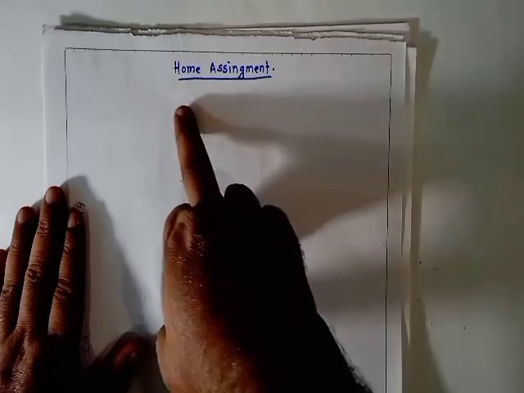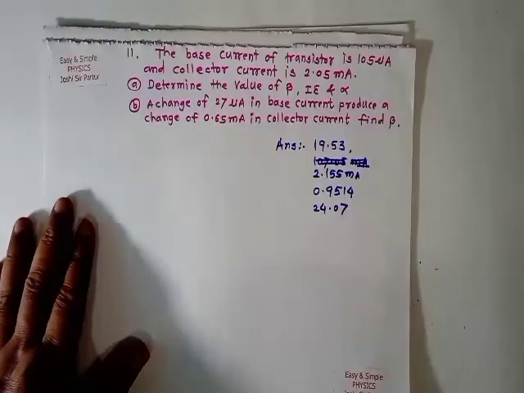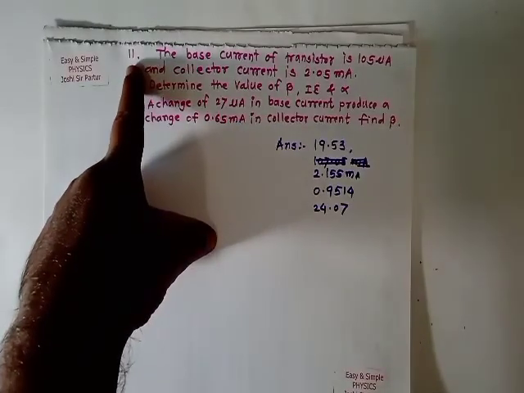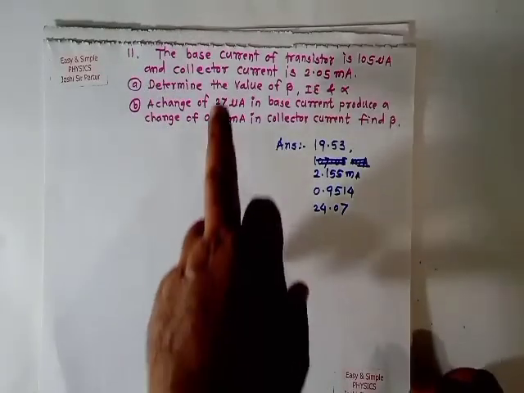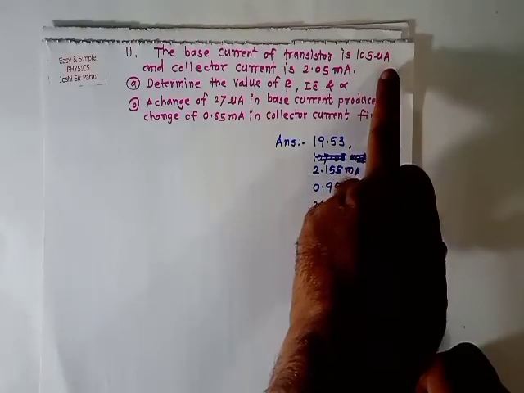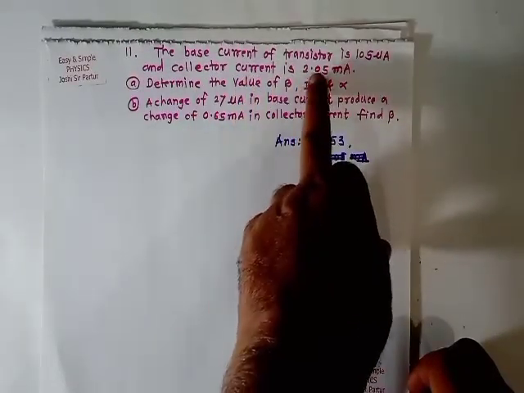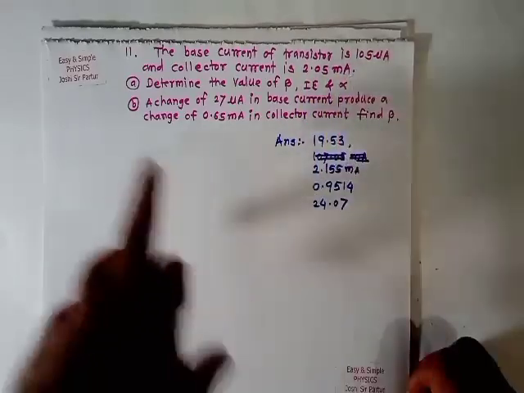For home assignment, two problems are to be solved at home. Problem number 11: the base current of a transistor is 105 microampere and the collector current is 2.05 milliampere.